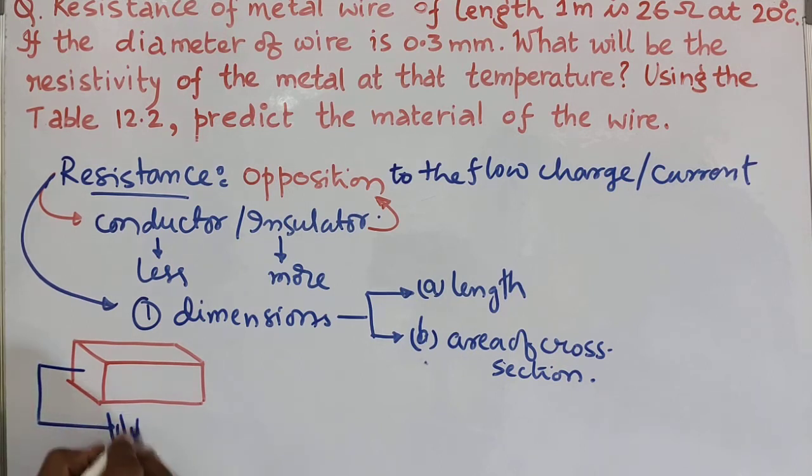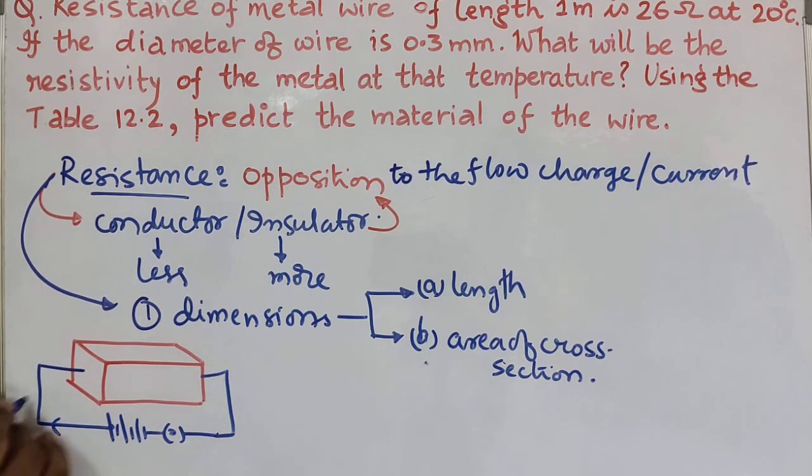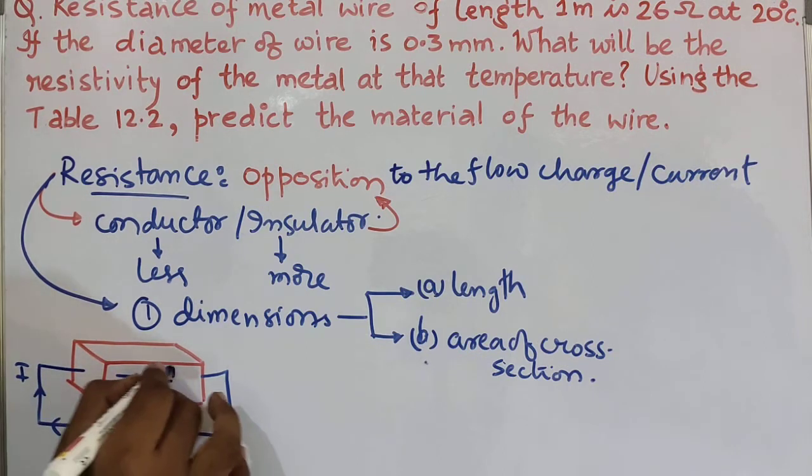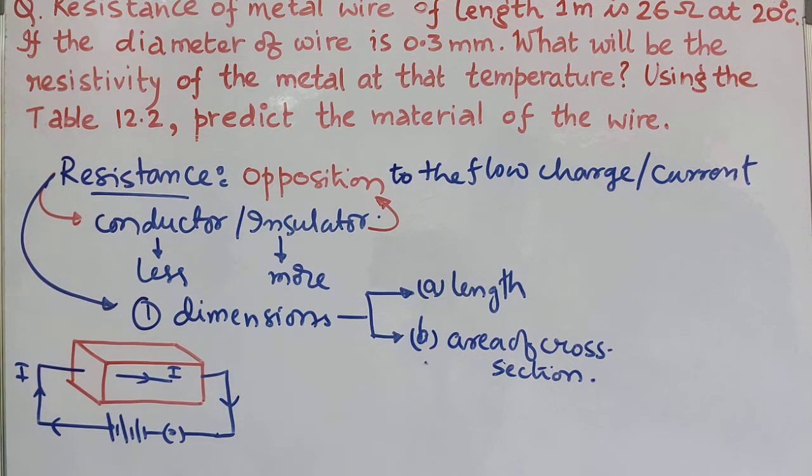So here is a battery and we have a key. The current will flow through this conductor. What is the length along which the current is passing through it? That is L here. So this is the length in this case.